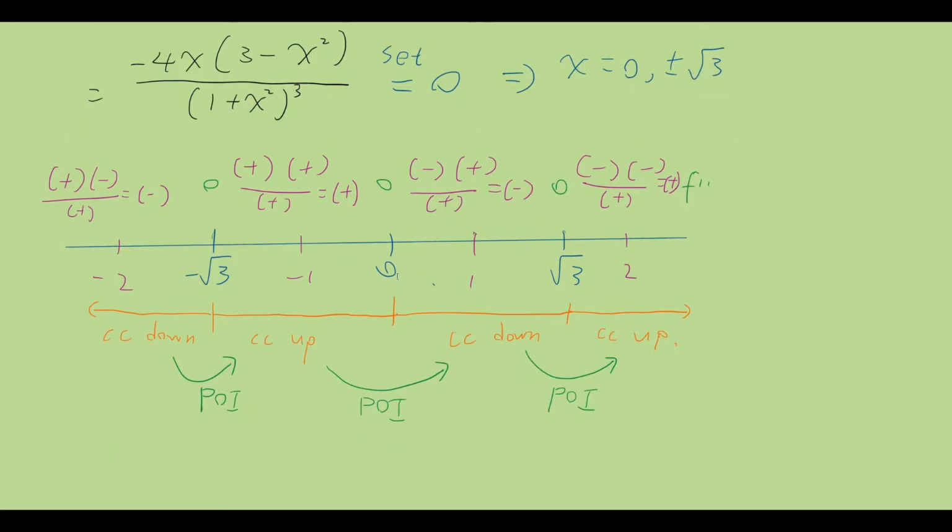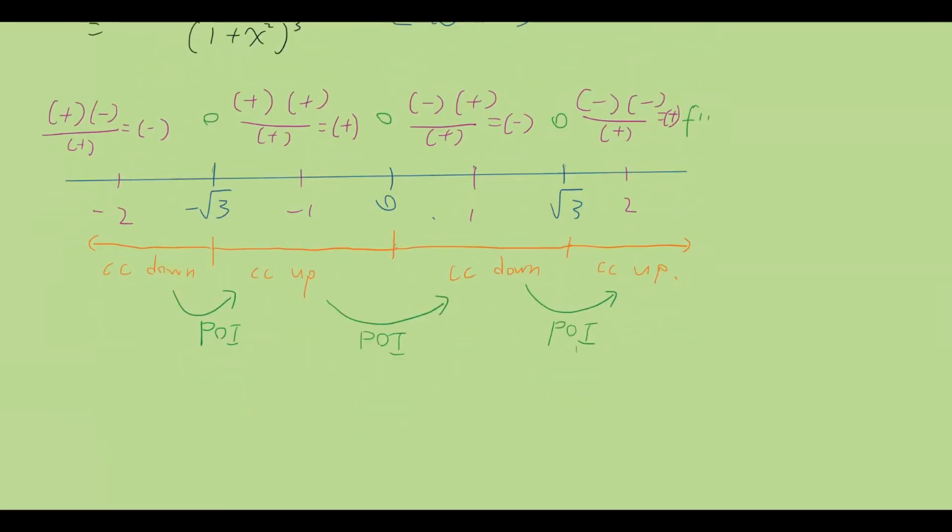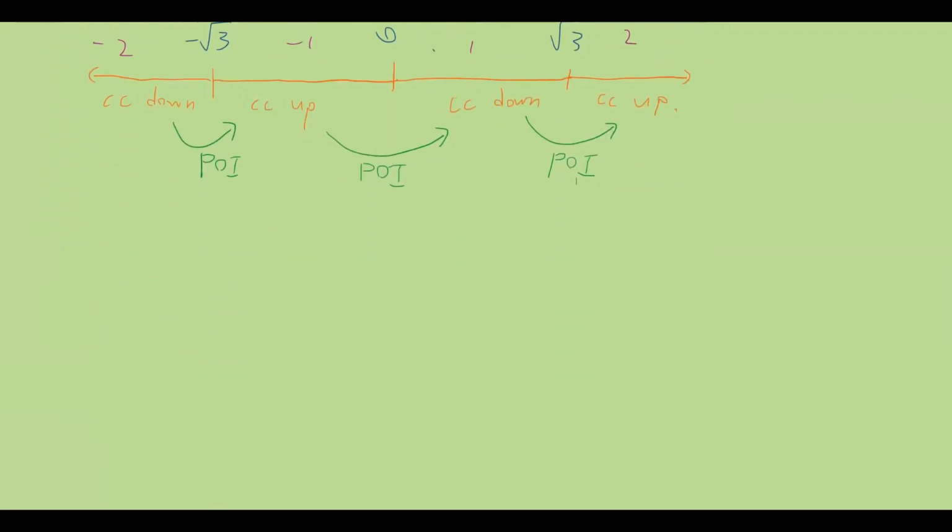And let's see. And again, we're going to do the same thing by putting the first derivative and the second derivative together to see what sort of behavior we have, right? Okay?